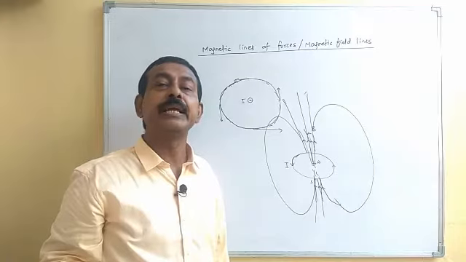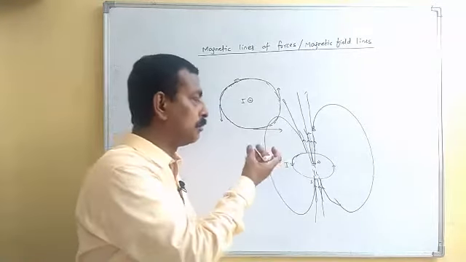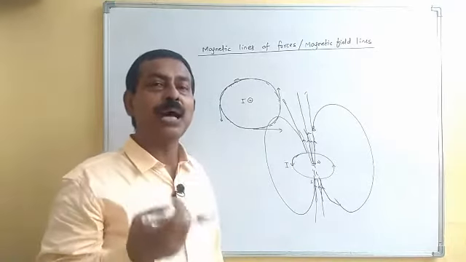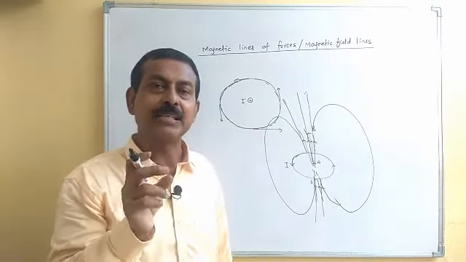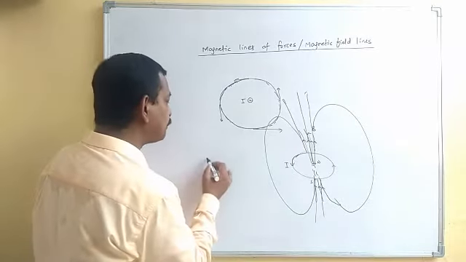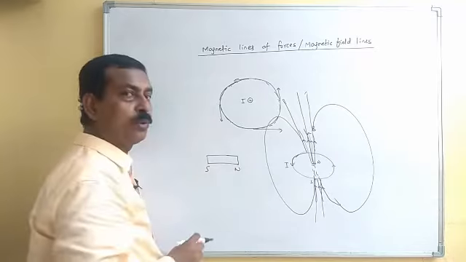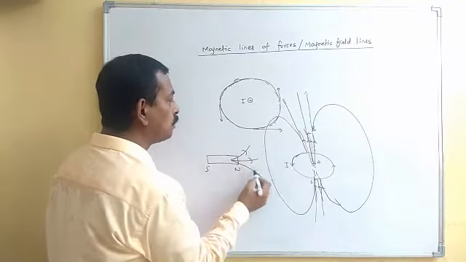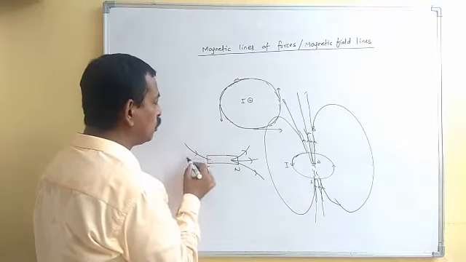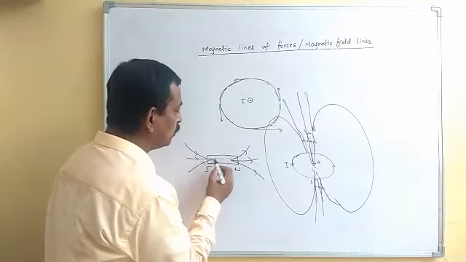So this will indicate how the magnetic lines of forces can be there if you have the wire which is carrying current. Same will be there if you are representing magnets there. If you have the magnet, like if this is suppose South Pole, this is the North Pole, in that case lines of forces will be coming out of the North Pole and on the South Pole they will be terminating there, and inside that it will be moving like this.